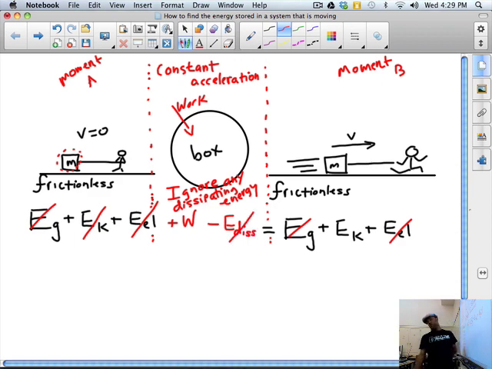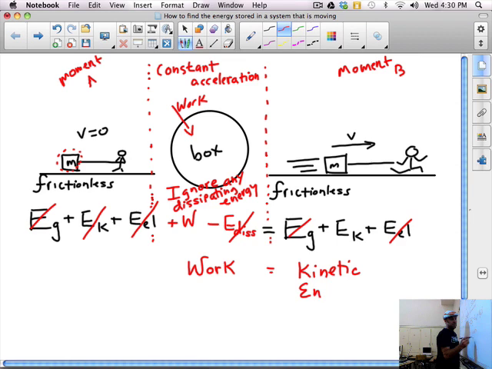So we're going to pretend that there's no friction. We're going to pretend that there's no air resistance. We're going to pretend there's no energy leaving our box system. All right? So our equation becomes work is equal to kinetic energy, right?